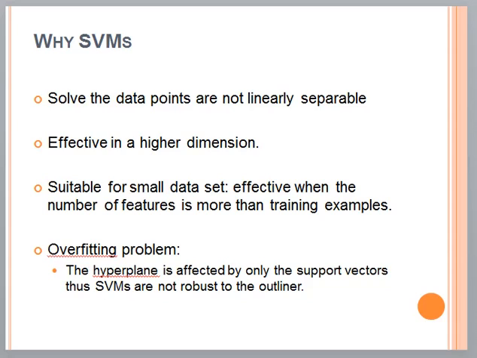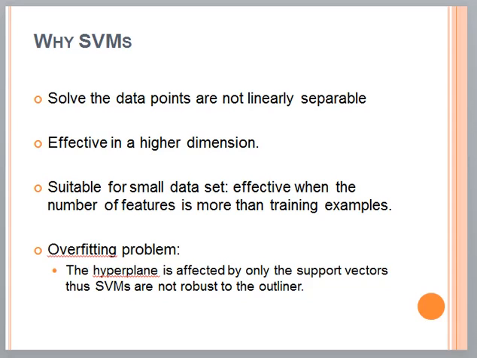But the good thing about SVM is that it is suitable to perform classification even if we don't have that much data. So for a small data set problem, SVMs can be effectively used when the number of features is more than the training examples.